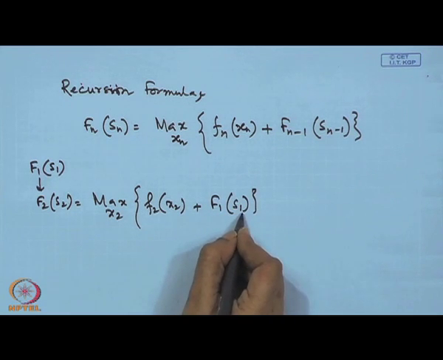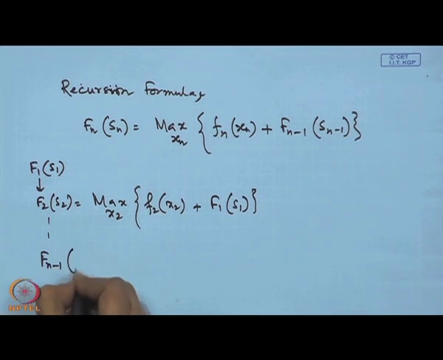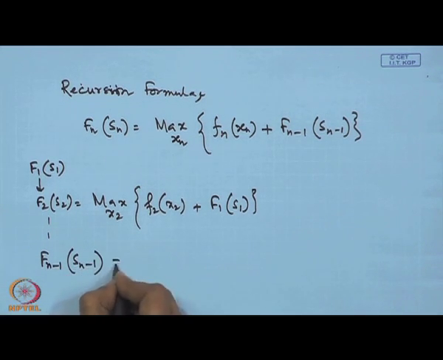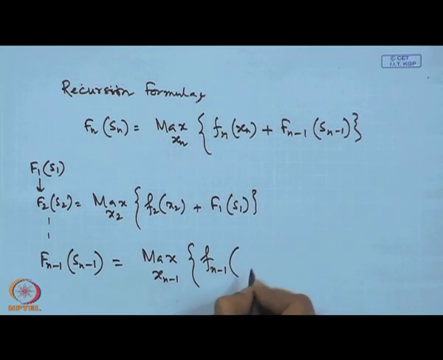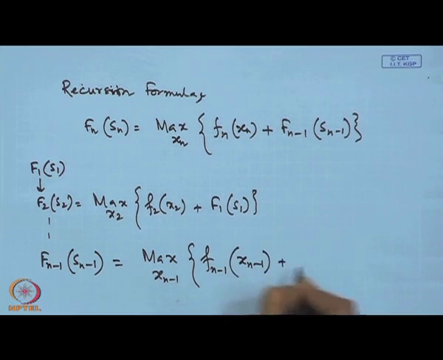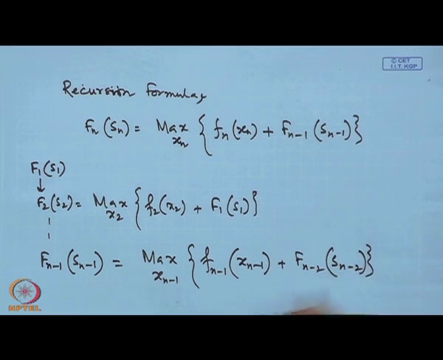F1 S1 is the optimal value of the previous state. In this way, we will move to Fn minus 1 Sn minus 1, which is equal to, if I write again, xn minus 1, the objective function in the nth stage. And then we will reach the final stage, that is, the whole problem will be addressed once we calculate this. This calculation will be based on this recursion formula.